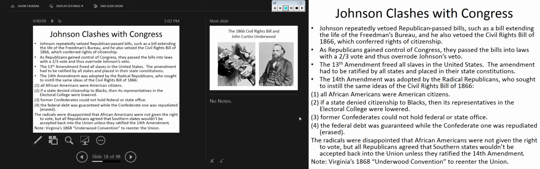The 13th Amendment to ban slavery, the 14th Amendment to grant African Americans citizenship and equal rights under the protection of the law, regardless of previous condition of servitude. That's an important one. So Johnson is defeated on all of these measures that he tries to block.